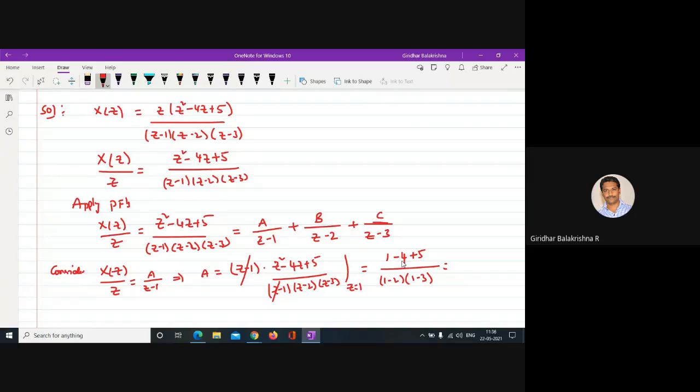So 1 minus 4 plus 5 gives 2. 2 by the denominator, minus 1 into minus 2. Minus minus gets cancelled. 2 by 2 is 1. Therefore, the value of A is 1.